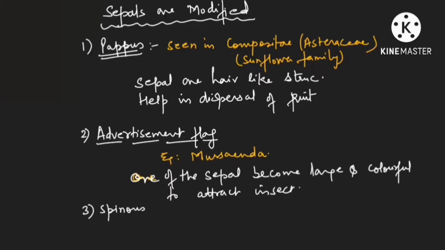So spinous sepals are present in Trapa, and their work is for the protection of the fruit. I hope this much is clear to you. So sepal modifications are clear.